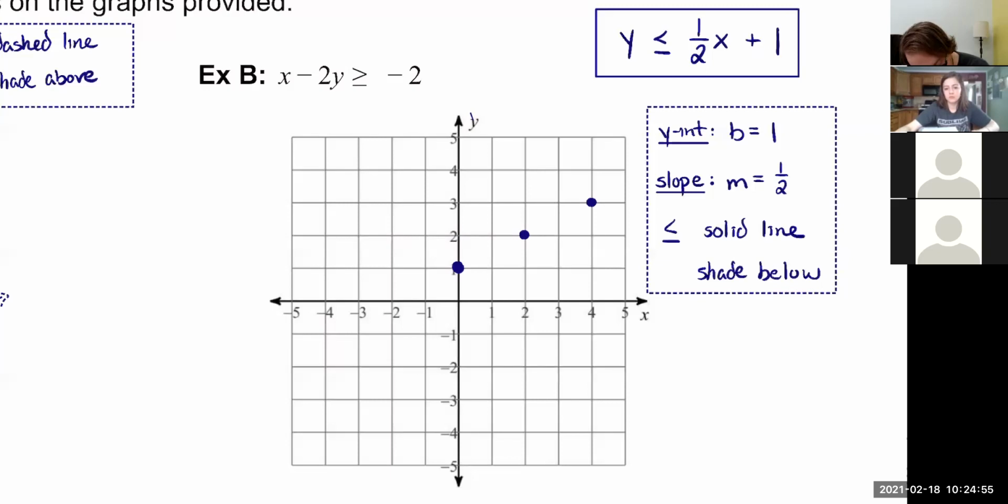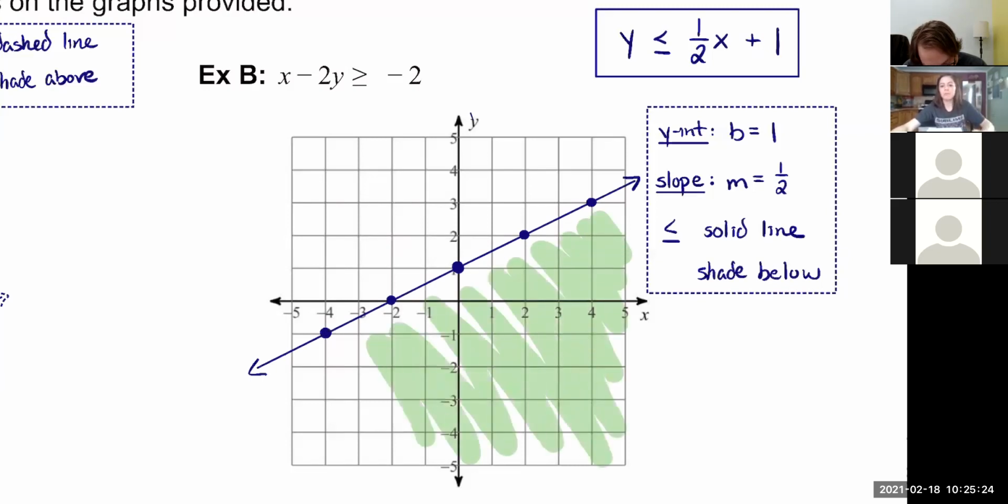I can go down 1, left 2 to really clearly see where that line is traveling. Now, thanks to my inequality sign, this line is going to be a solid line. And with that line in there, again, according to the inequality sign, I need to include everything beneath it.